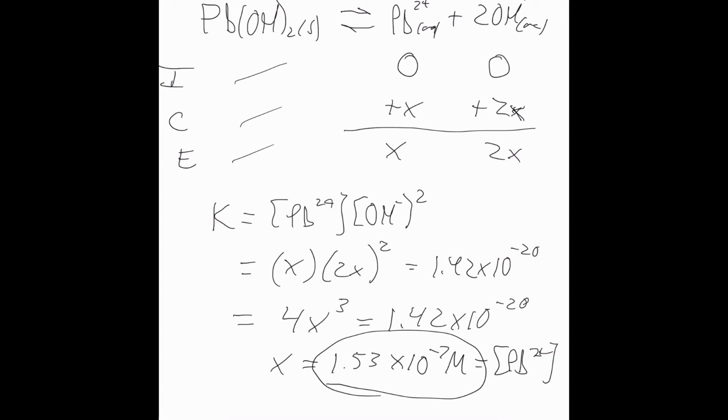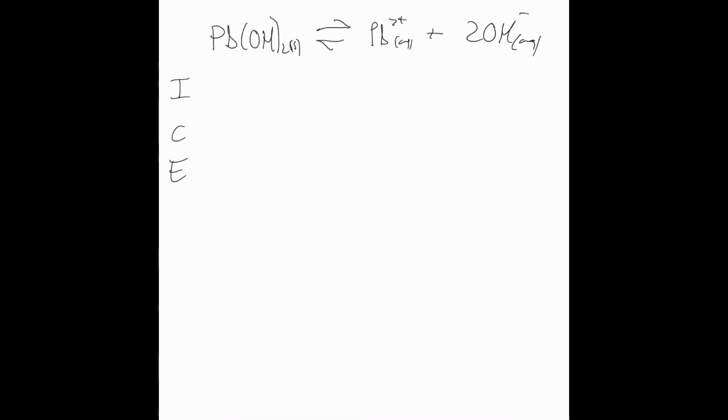So that's our number. Now we're going to try this using Le Chatelier's principle. Let's try this where we have our lead hydroxide, our equilibrium, and our equilibrium constant. Instead of starting with just solid, let's throw in some hydroxide.